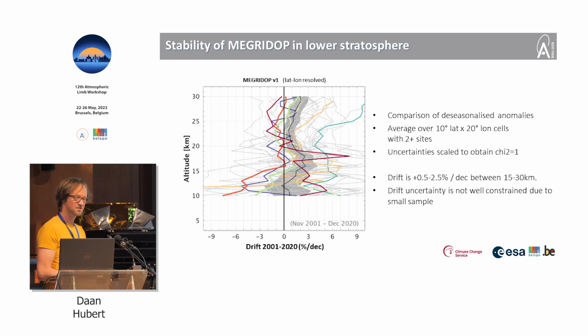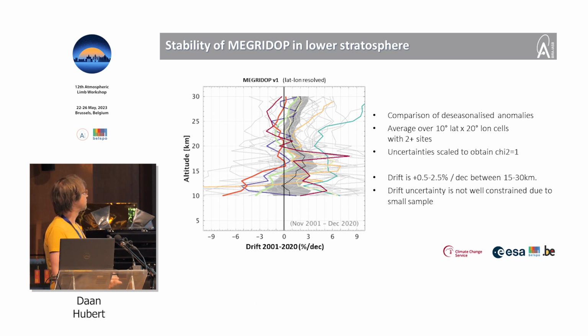So this is a second product, gridded product by CCI. It's latitude and longitude resolved, so rather than combining ozone sonde data in larger latitude belts, we look at 10 by 20 degree lat-long cells, and then do the analysis again, calculate drift with respect to the mean value for each of these cells.